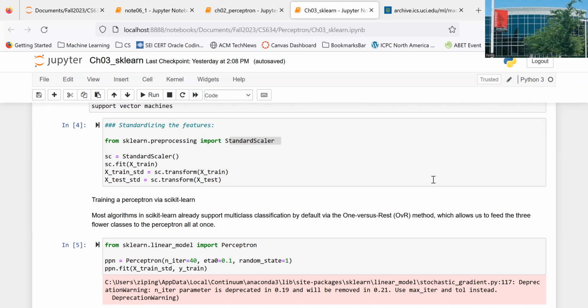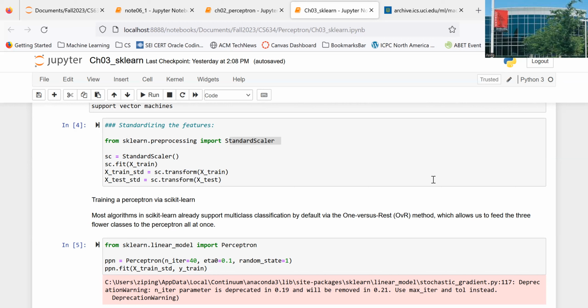So in order to make the data the same scale, we do data scaling and standardization. You're going to have your data around the mean value with a standard deviation, and normally the mean value is 0 and the standard deviation is 1.